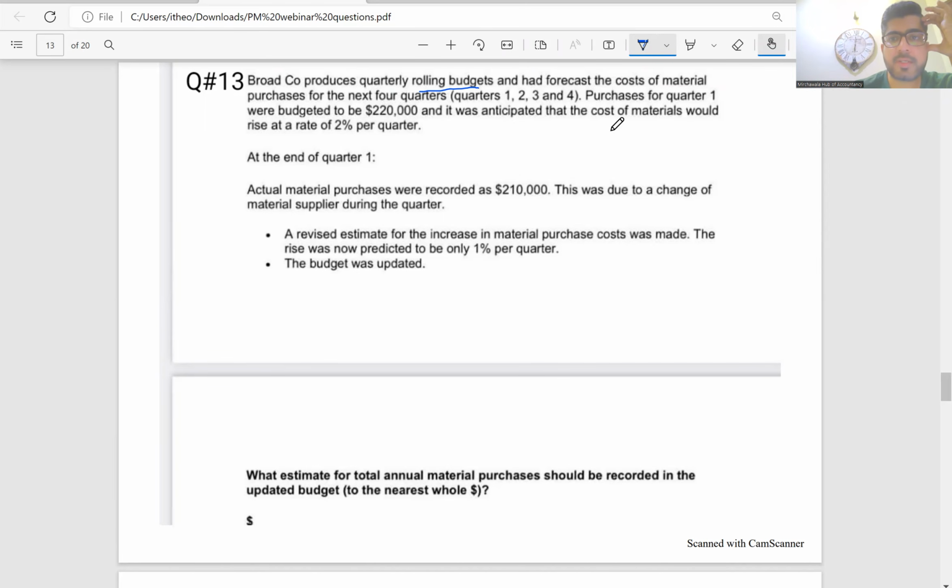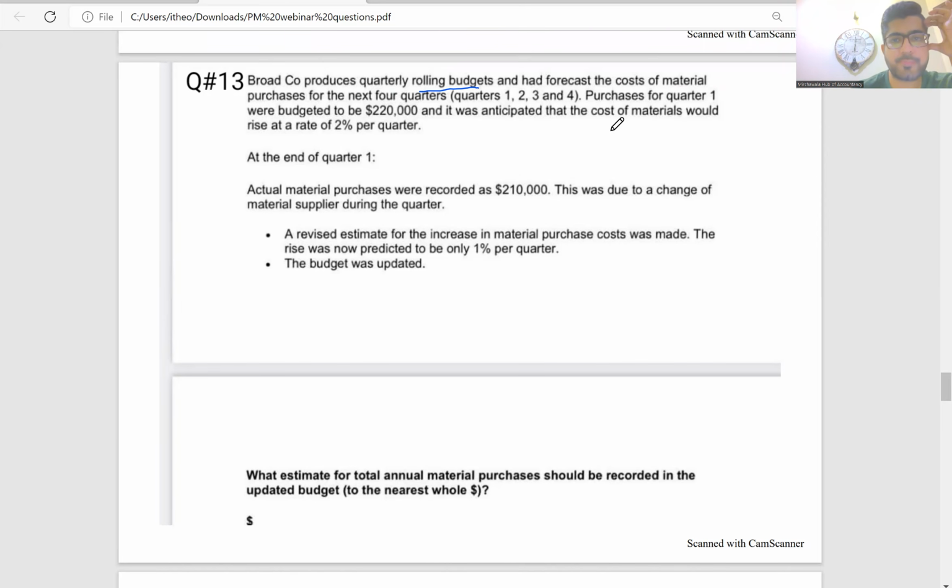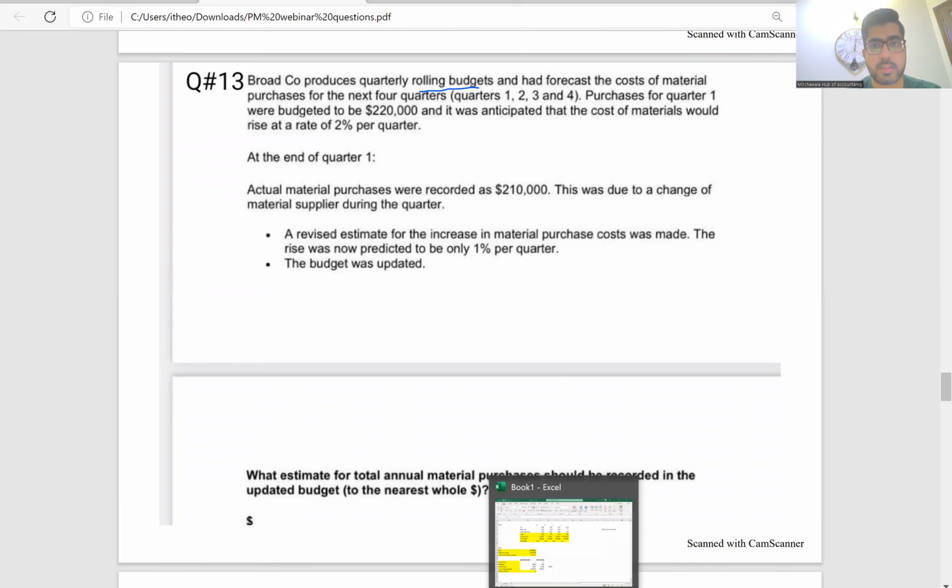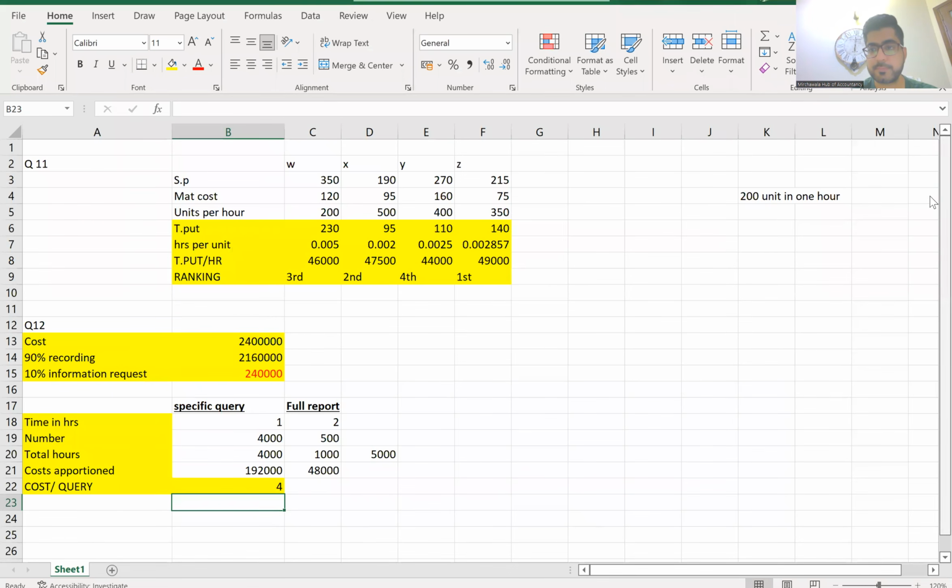It was anticipated that the cost of material would rise at a rate of 2% per quarter. So it makes a rolling budget and has forecast the cost of material purchases for the next 4 quarters.